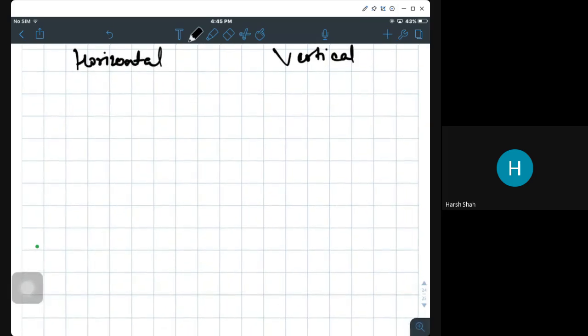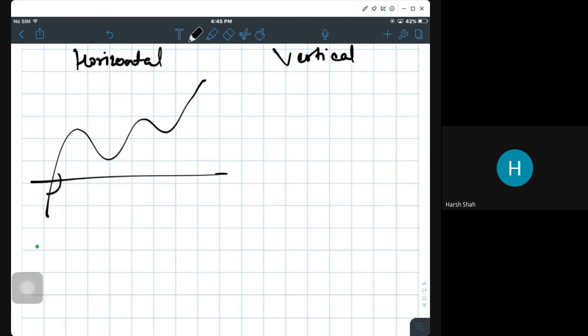Horizontal lines means this thing, right? So if you have a graph of a function like this, you draw a horizontal line. What does this suggest to you? If you do a horizontal line test, and if your line meets at only one point, it is well and good.